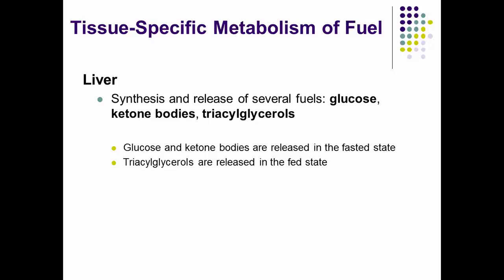And if we connect this to the fed and fasting conditions: in the fed condition, basically the liver releases triglyceride, and will not release much glucose or ketone bodies. And during the fasting conditions, the liver makes a lot of glucose and ketone bodies, and releases these energy fuels.